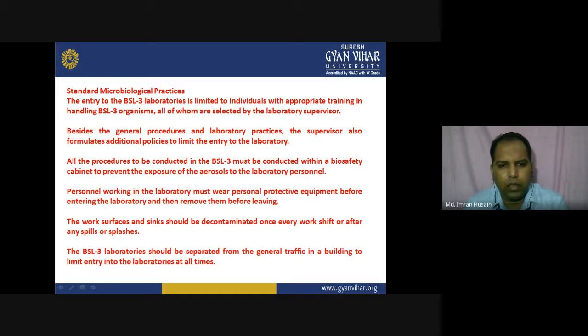The BSL-3 laboratories should be separated from the general traffic in a building to limit the entry into the laboratories. So most of the time, these types of facilities are situated in a very isolated area, away from the general population, away from all kinds of facilities, because minimum intrusion is required for safe functionality of these laboratories.